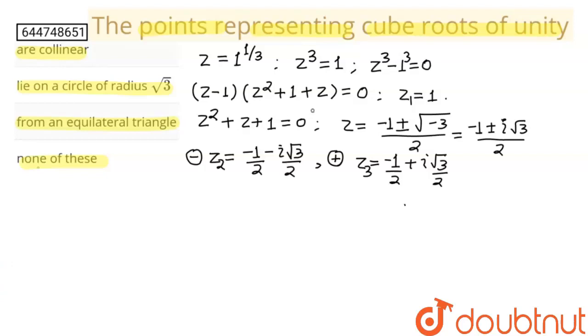Now see, here z1, z2, z3 are all roots of this equation. Taking mod on both sides, we will get mod z cube equals 1, and from here we'll get mod z equals 1, which means that the modulus of all the 3 roots is 1.